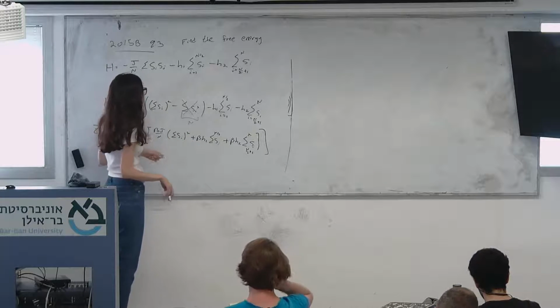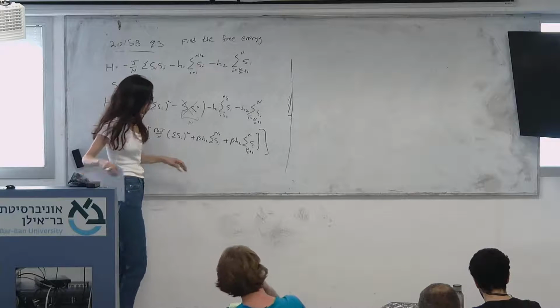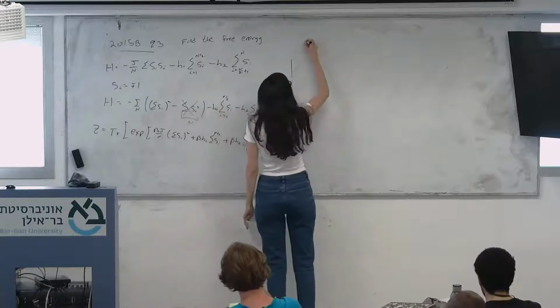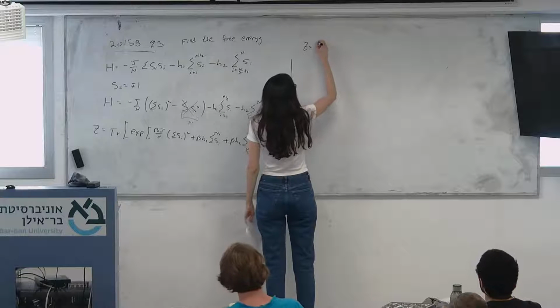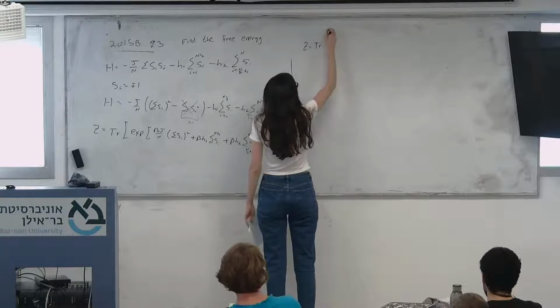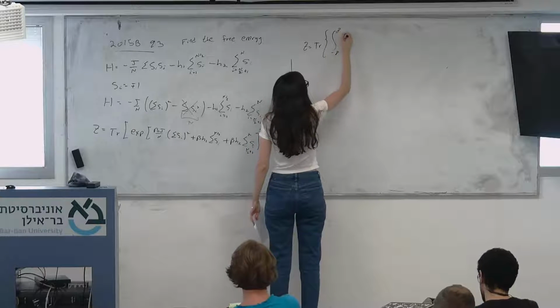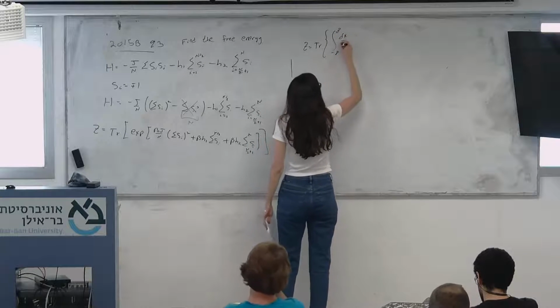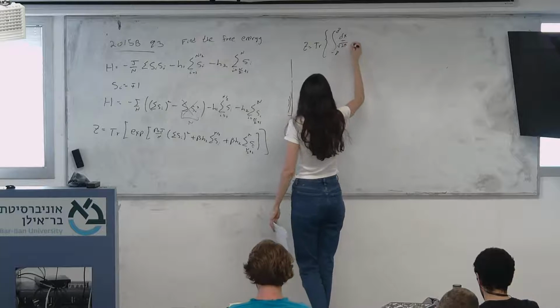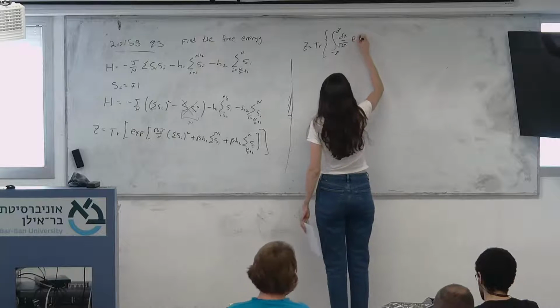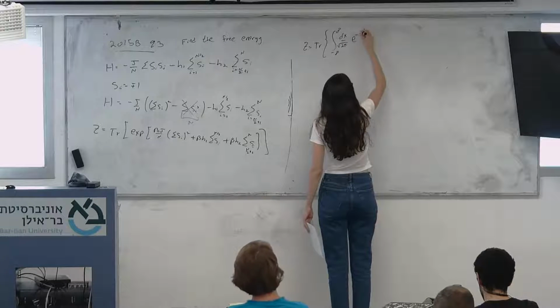So this is all equal to a trace, integral, e to the minus x squared over 2.